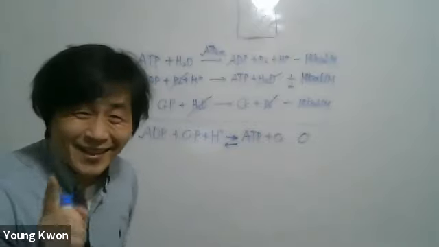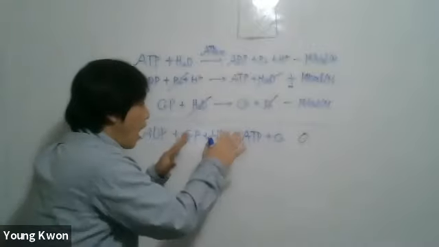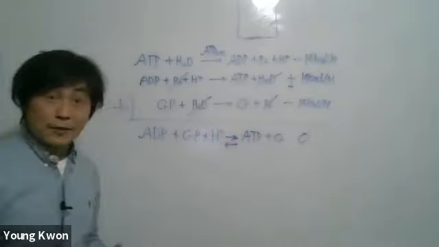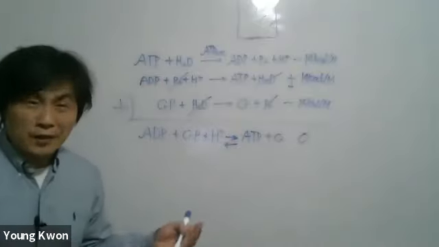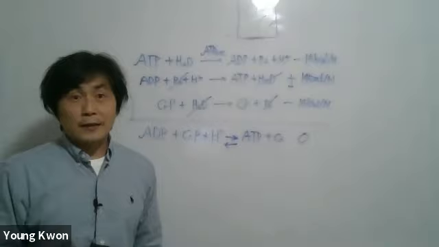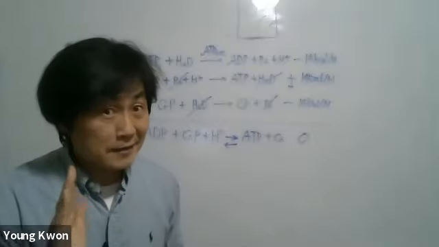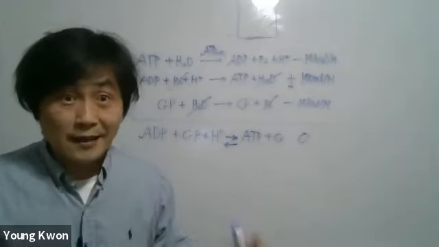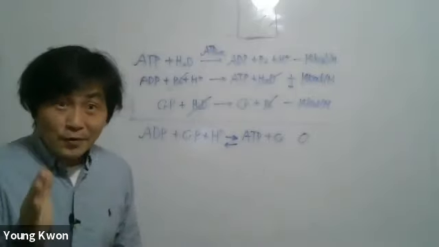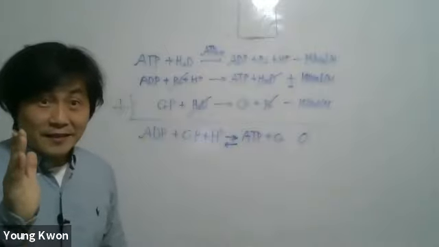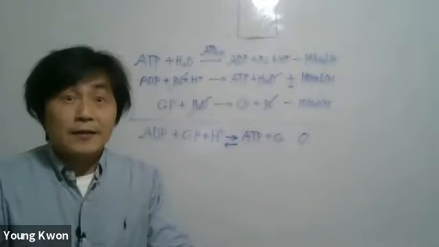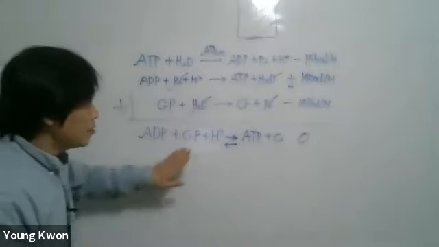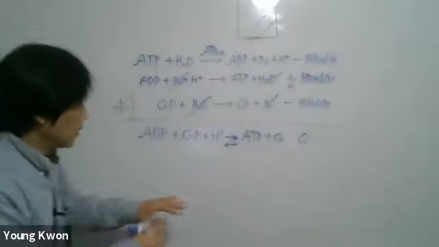So how can this reaction choose directionality? Can you guess which one? This is really, really important for our exercise science, kinesiology, exercise physiology, human performance. The most important thing is the concentration of both sides. It really depends on concentration.